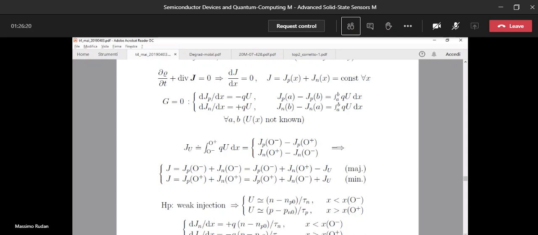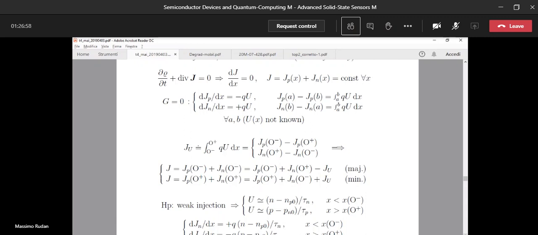It can be written as Jp of O minus plus Jn of O minus, because we calculate them in the same place. But at this point, we may decide to replace Jn of O minus using the integral Ju. Okay, so immediately you find that Jn of O minus is equal to Jn of O plus minus Ju. Okay.